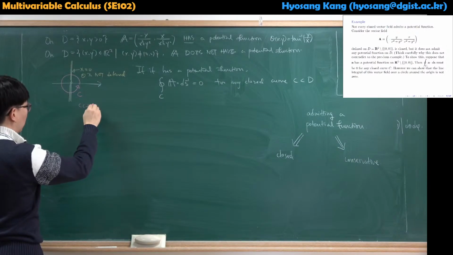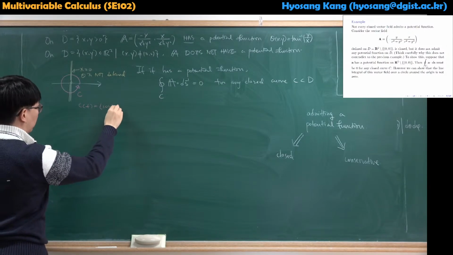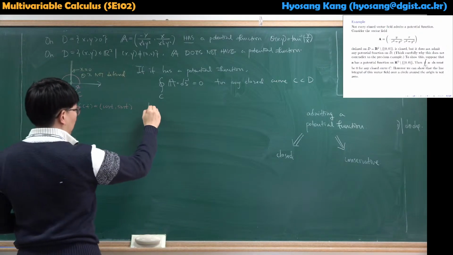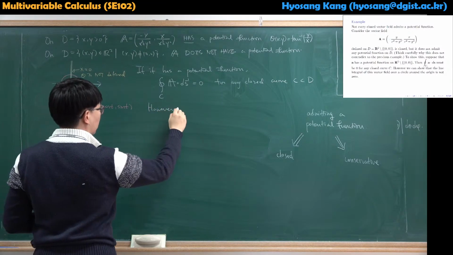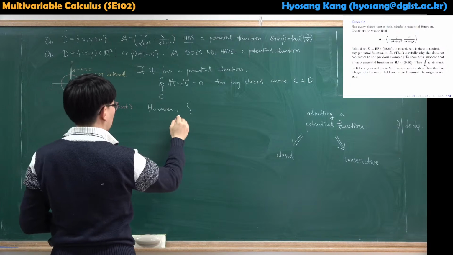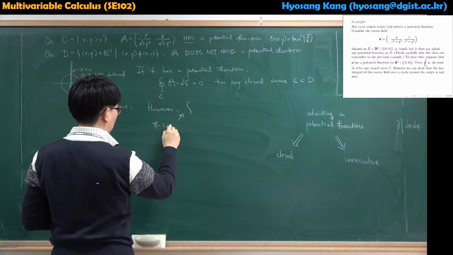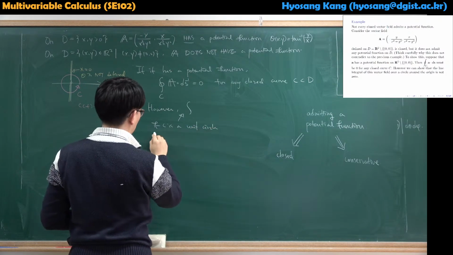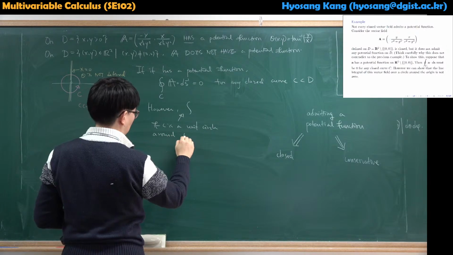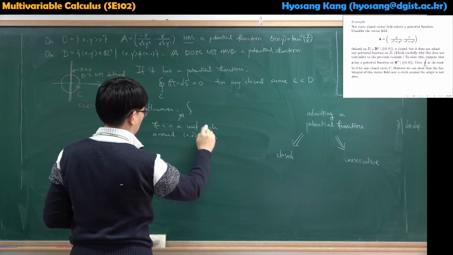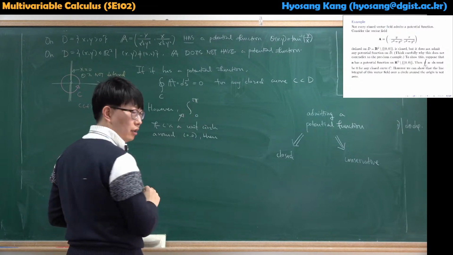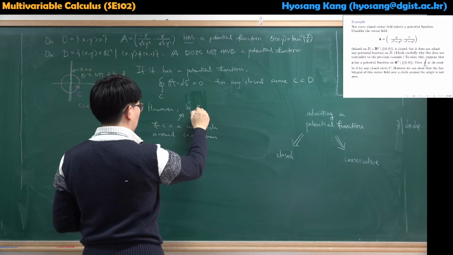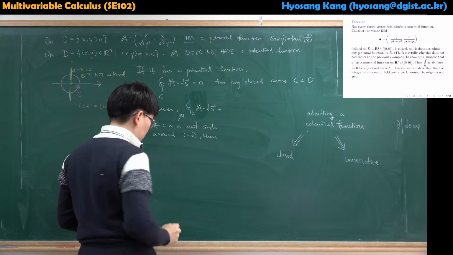So I'm going to parameterize by cosine t and sine t. Now, what's the line integral? It's the integral from 0 to 2 pi, the line integral of that curve of A. What was it?